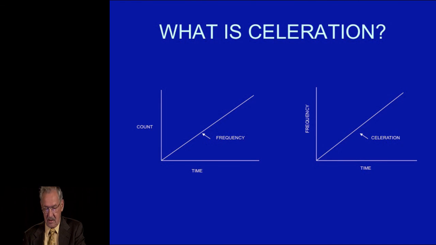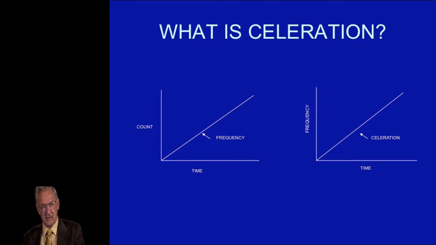And so what the instrument that Lindsley developed is essentially a picture, just as the cumulative record was a picture, of frequency changing over time. To see this more clearly, on the left-hand side of this picture is a schematic showing the relation of count and time, and the slope of that line gives you frequency.